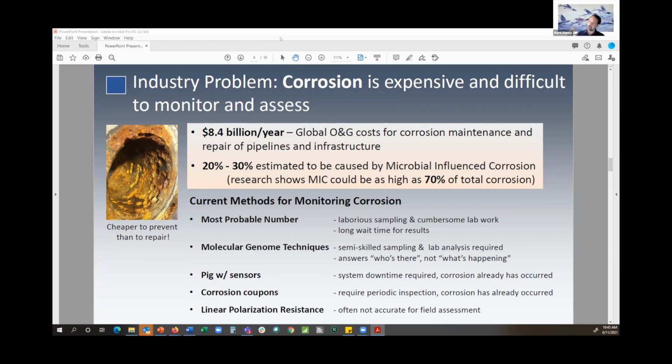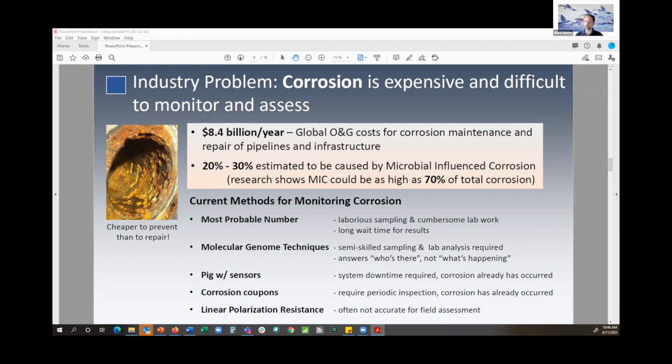And so our thinking is, instead of trying to tackle the microbes, let's instead look at the changes in the reduced and oxidized sulfur species that are in this process. And if we can monitor those in real time, we may be able to get a good understanding of if microbial influence corrosion is occurring or not.